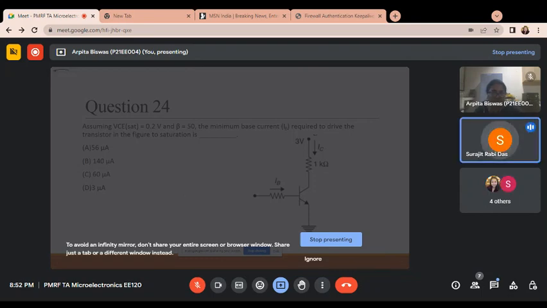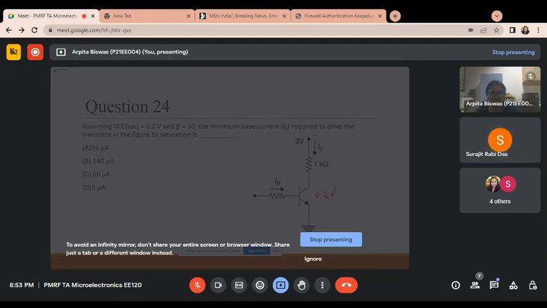I see the approach someone told is correct. If I have to find IC and IB, IB should be IC by beta. And how will you find out the IC value? As it is in saturation, VCE drop is always 0.2 volt, I think given. So IC can be found like 3 minus 0.2, that is 2.8, by 1K, around 2.8 milliamps. So IB is 2.8 upon 50, roughly around 56 microampere.